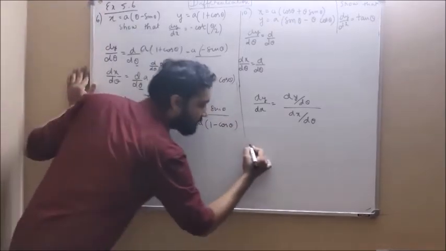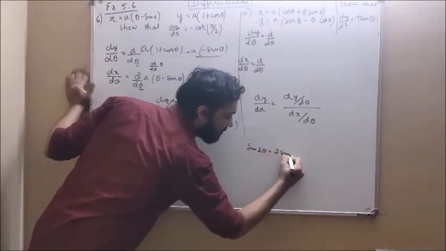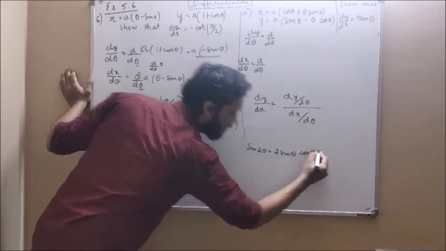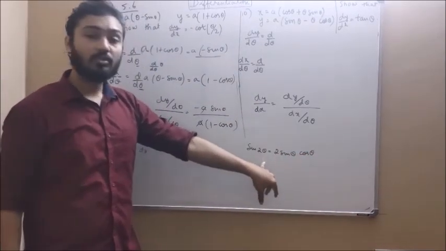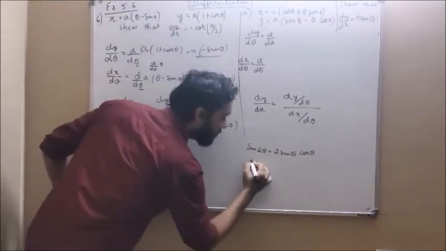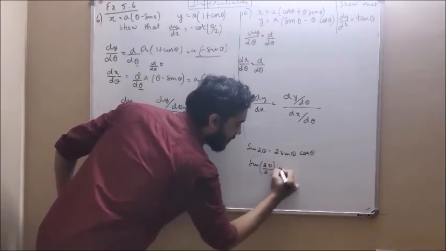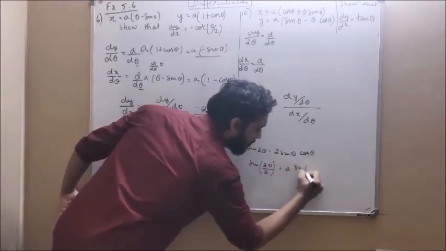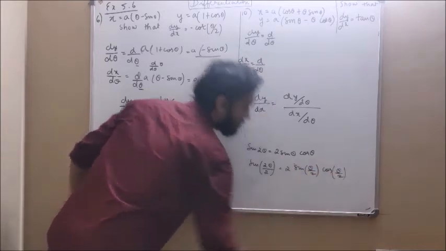You know, sin 2 theta is nothing but 2 sin theta cos theta, right? Now we'll use the half angle formula, means we'll divide this angle by 2. Sin 2 theta divided by 2 equal to sin theta by 2 cos theta by 2.